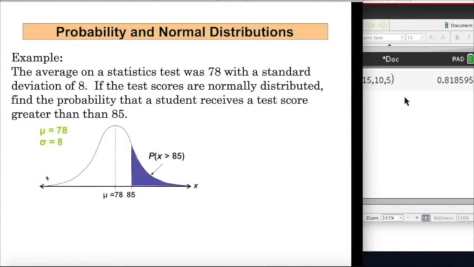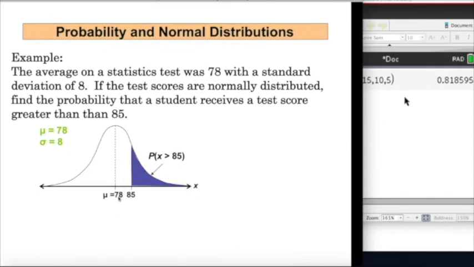You don't need to sketch this normal distribution curve, but often it helps. But if you understand the problem without sketching it and you calculate it directly, that's fine. So this is the normal distribution curve.